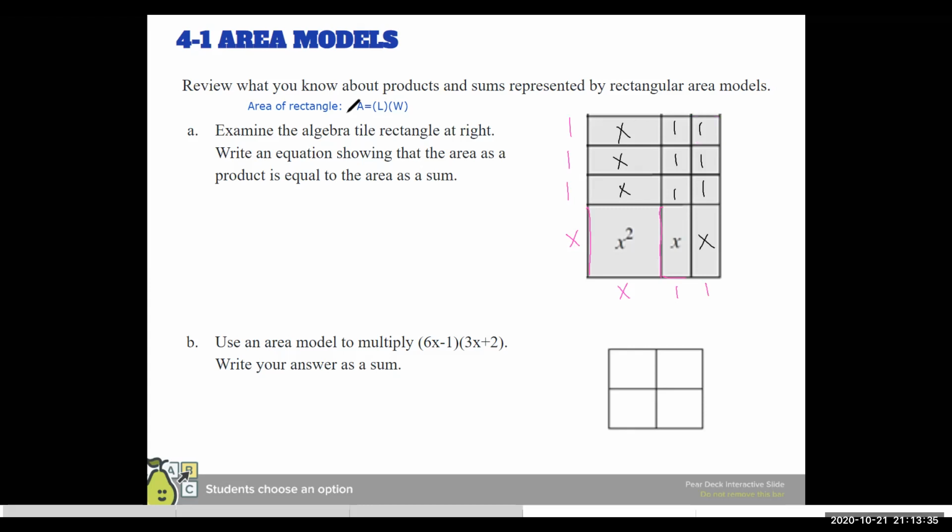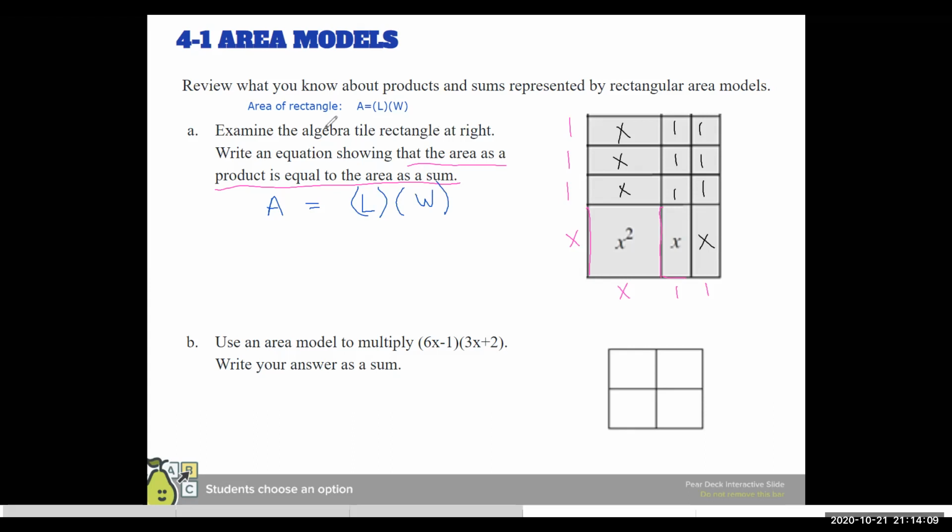I have everything I need now to be able to show that the area as a product is equal to the area as a sum. So remember our formula, area equals the length times the width. So what I'm going to do here is on the left-hand side, I'm going to write out the area of the inside of this figure, combining all my terms, everything inside.